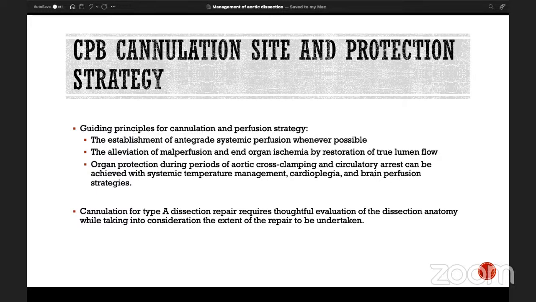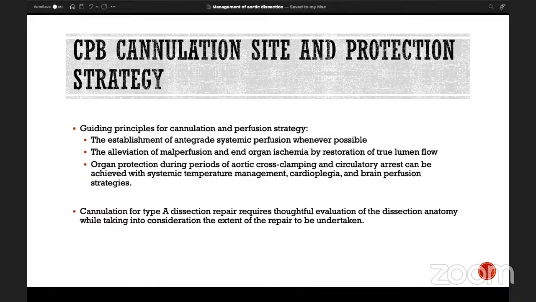That can be achieved by systemic temperature management, either separately or in conjunction with retro or antegrade perfusion, plus cardioplegia and, as I said, a brain perfusion strategy.